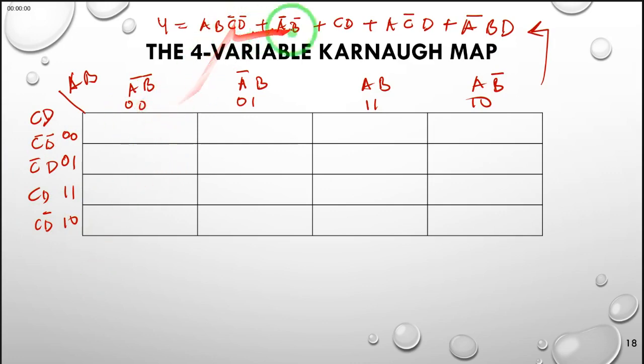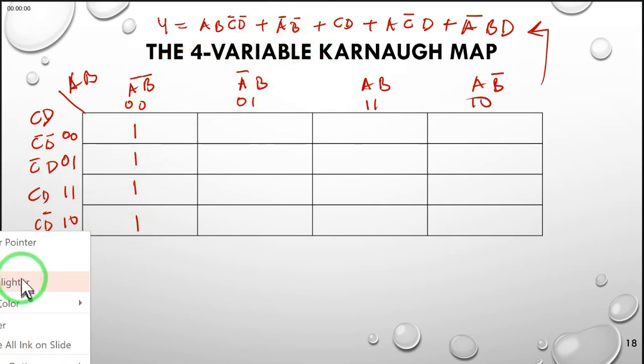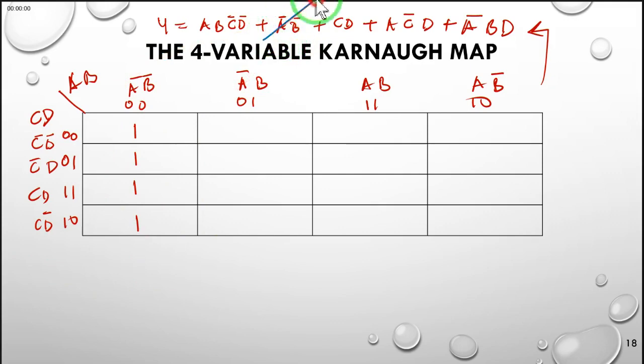And therefore, whenever we make this one, we are being told that it is a 1 in this column, and all of these are the other variables. So we will fill this one as 1, 1, 1, 1. And I will mark this one like I have already filled that one. So then we have A bar B bar, which is this column, and C bar D. So it is this cell.